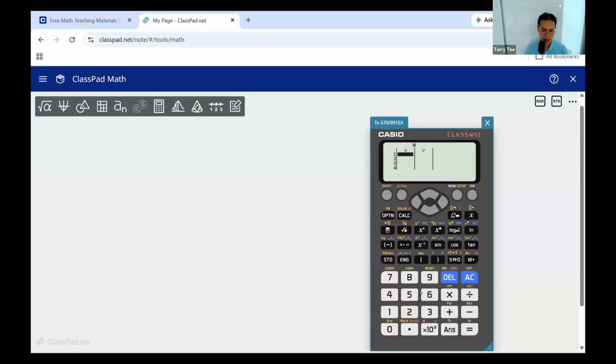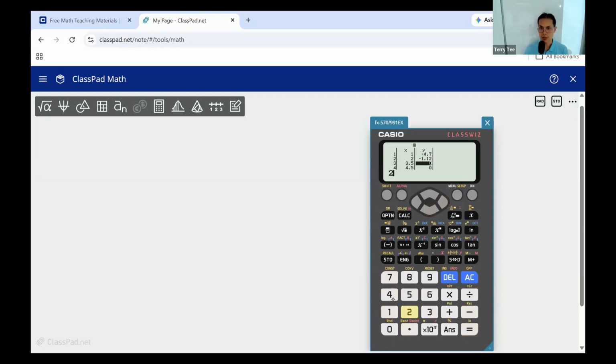Key in all your x values. My x is 1, 2, 3.5, and 4.5, and 6, and 7. Right? Then do your y values. Y is negative 4.7. Second one, negative 1.12.